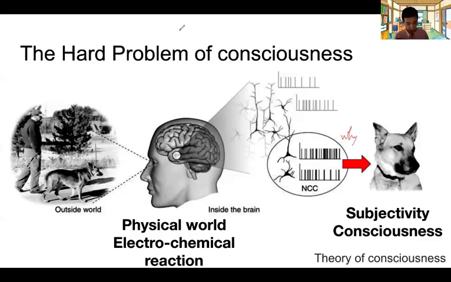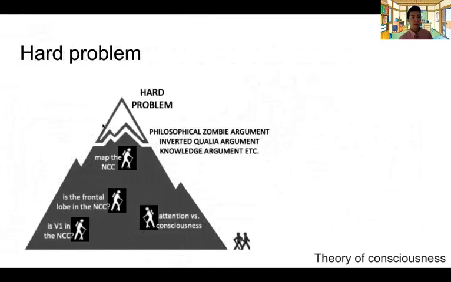And what it is that generates this particular qualia, that's a question, and it's a hard problem. So according to some philosophers, this hard problem can be logically argued to be in fact hard. And some of the arguments are listed here, such as the zombie argument, the inverted qualia argument, or the knowledge argument.